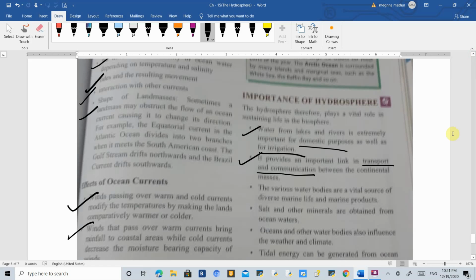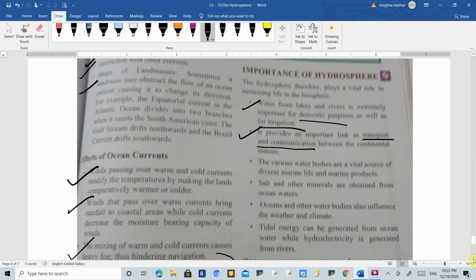So whenever you want to communicate or transport material from one continent to another, waterways is the only mode of transport which is available. Third is that water bodies are a vital source of diverse marine life. All these organisms inside the water are able to survive only because of the support from the oceans and seas. We are also obtaining many kinds of salt and other minerals from the ocean water. That is again an important point.